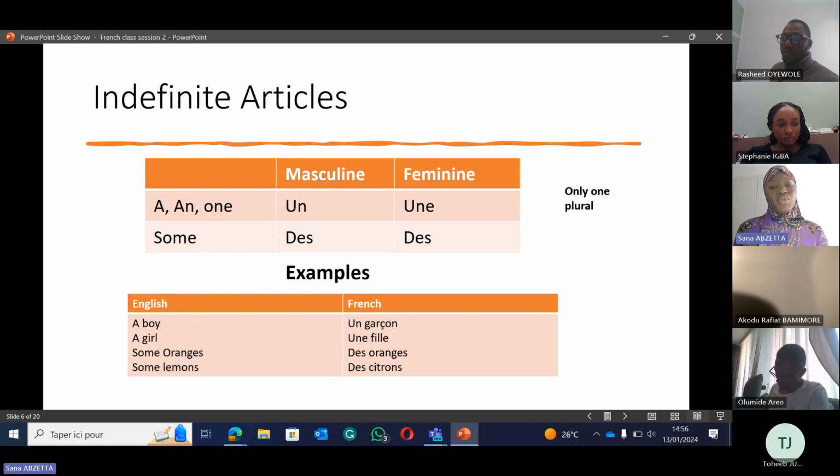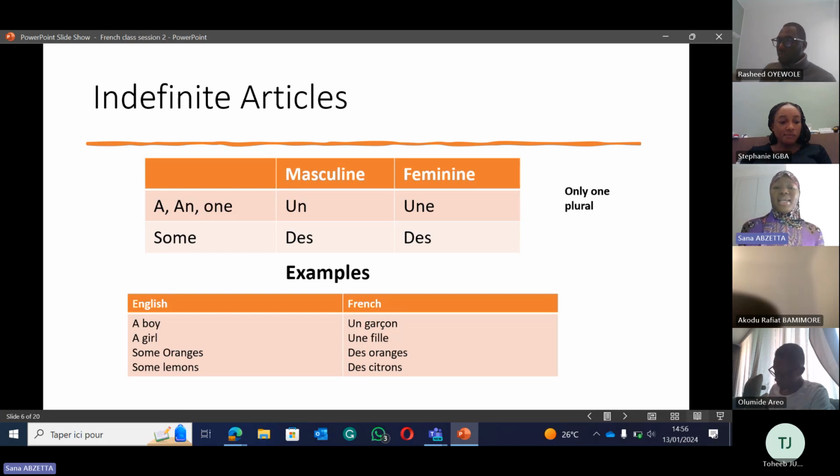If it's plural, we just use des. If it is a masculine word and it's singular, you use un. If it is a feminine word and it's singular, you use une. It doesn't depend on whether it is an animal or a person. It just depends on the gender of the word.